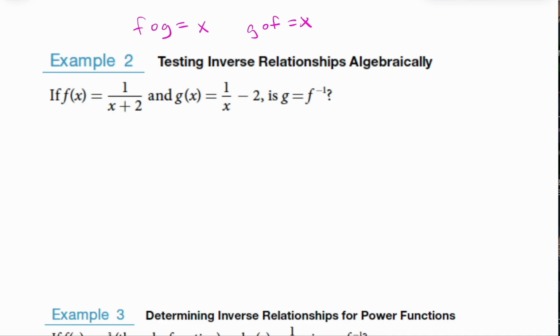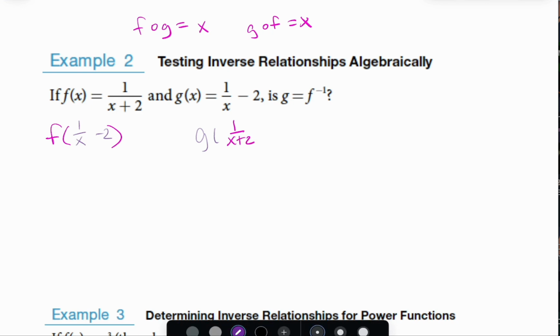So what we're going to do is take the f function and put g inside of it, and take the g function and put f inside of that. Now that's going to test if you recall how to deal with functions. So watch that particular notation.